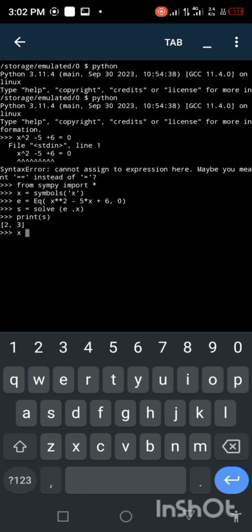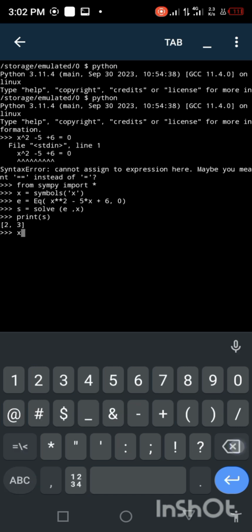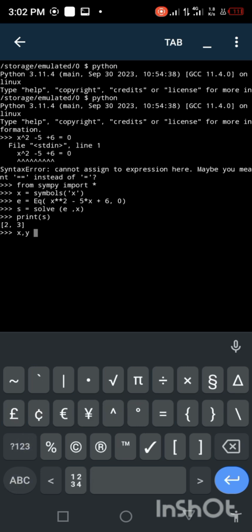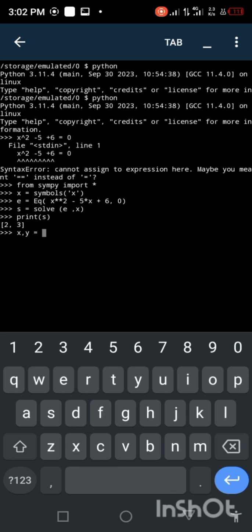First of all, since we did already import Sympy, we just need to go straight to the point and call out this variable. Here we are dealing with x and y, so that's why we are calling 2 symbols, which are going to be x and y.